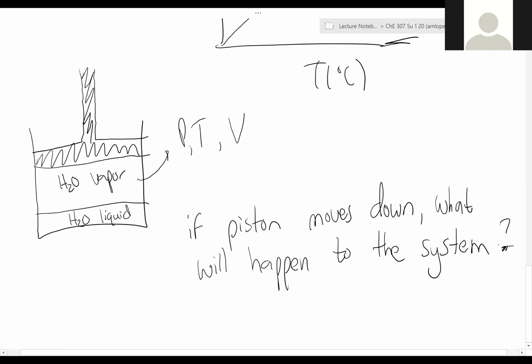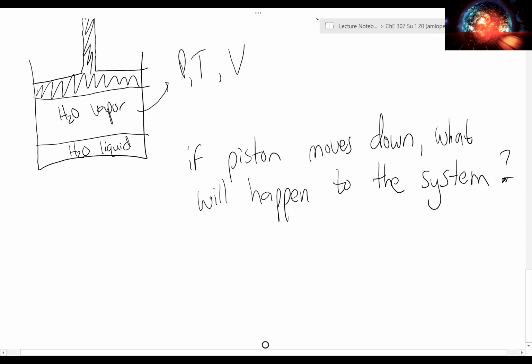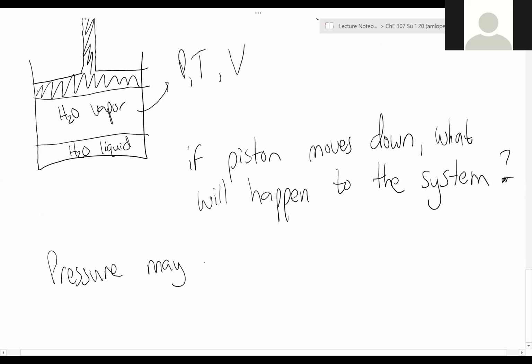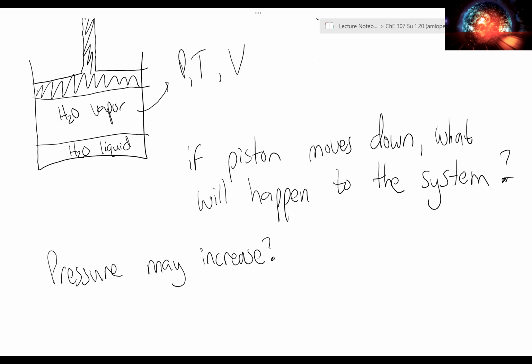Maybe the pressure will go up. So the pressure may increase? Maybe. So maybe. I like that. You have a change in volume.